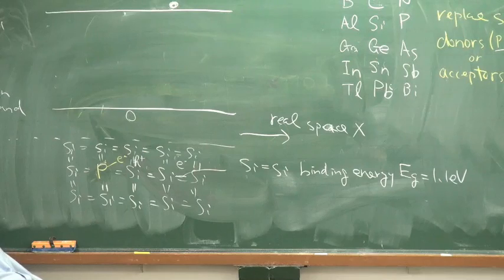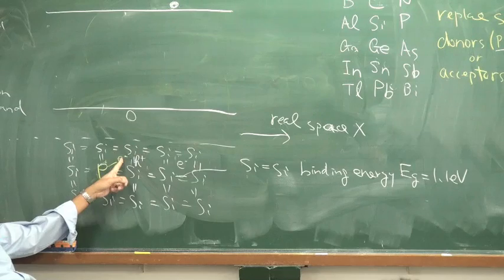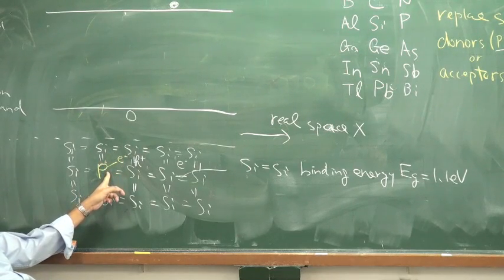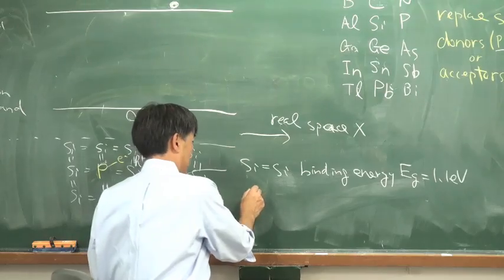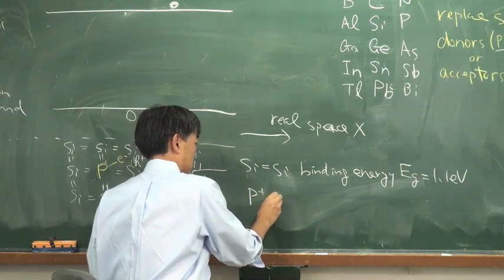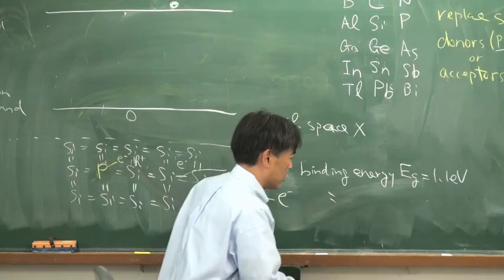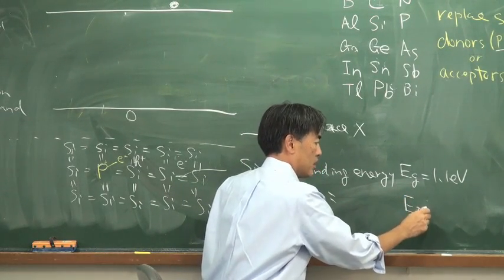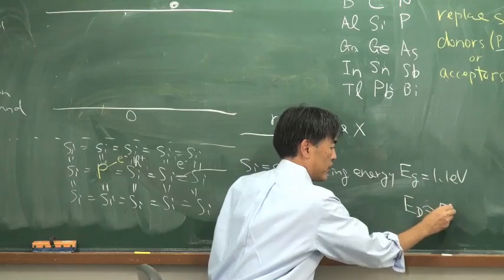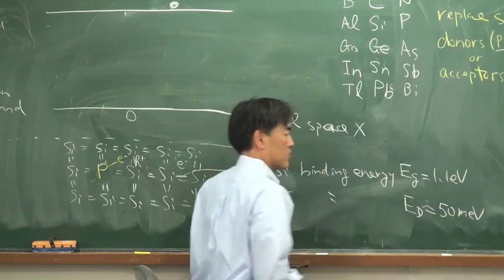The binding energy of the electron to phosphorus, which is basically the donor energy, is about 50 milli electron volts.